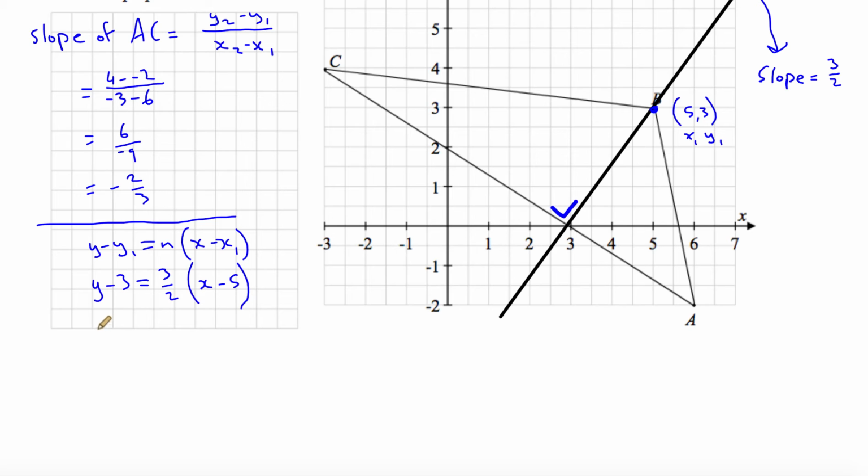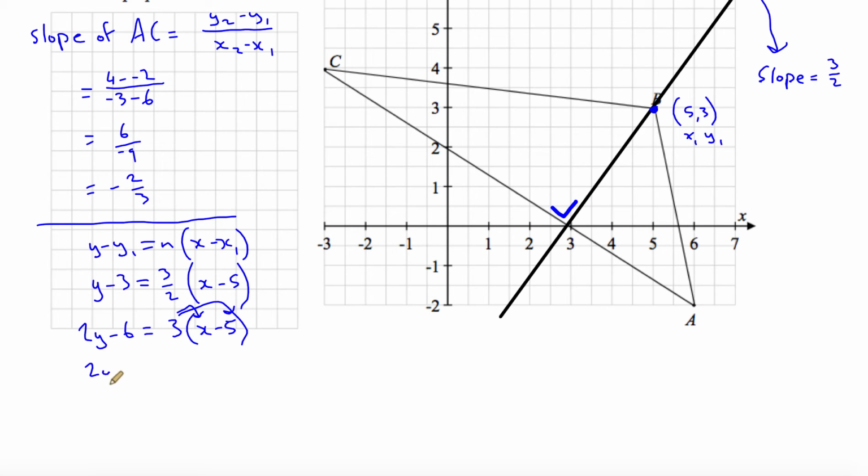So that's the equation of our line, so we can just tidy it up now. The best way to tidy this up would be to multiply across by 2 first of all. So that will give you 2y minus 6 is equal to 3 bracket x minus 5, because when you multiply the 3 over 2 by 2, it just leaves the 3 on top.